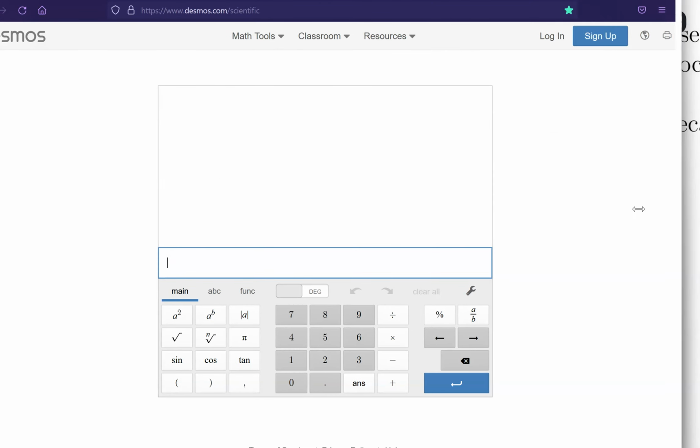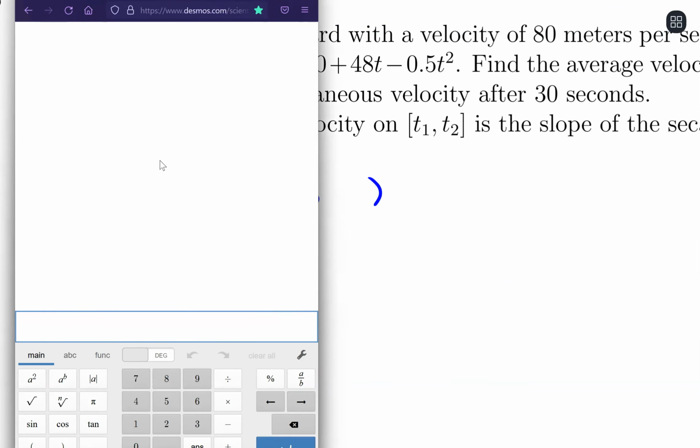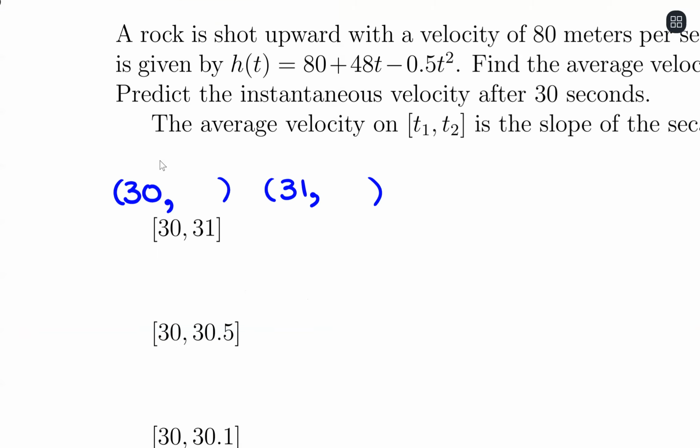I'm going to try to see all of this at once. 80 plus 48 times 30 minus 0.5 times 30 squared. And that's 1070.